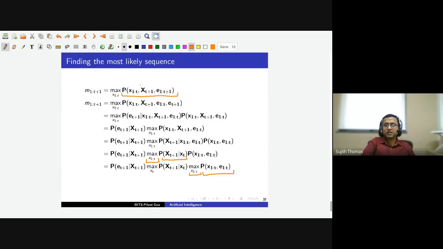Here we have written x1 to t and xt plus 1 separately, so we can write it in the same form. So the joint probability of hidden variables x1 to t minus 1, then xt, and the evidence variables e1 to et. So this is what the previous message gives us.